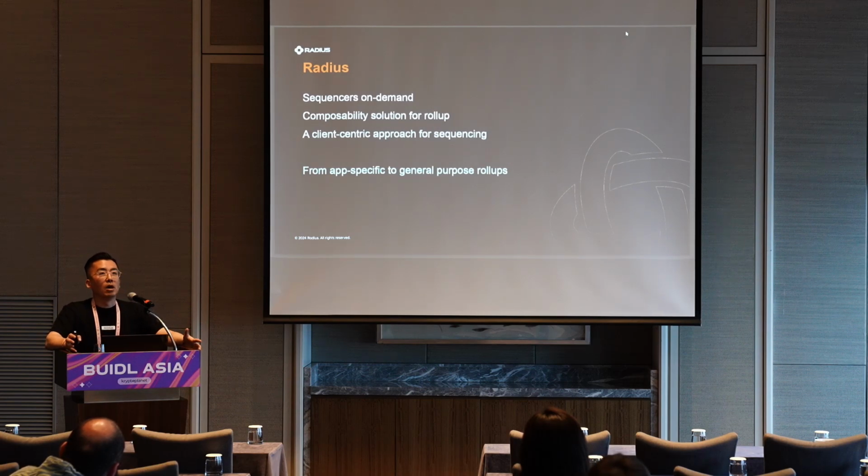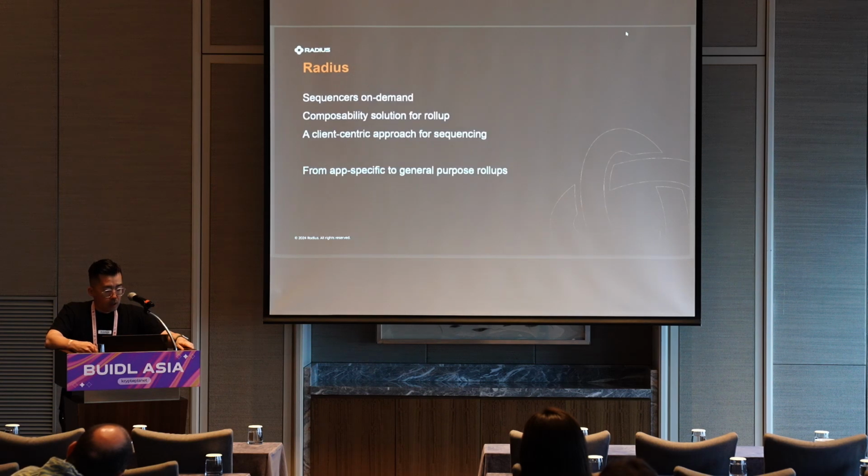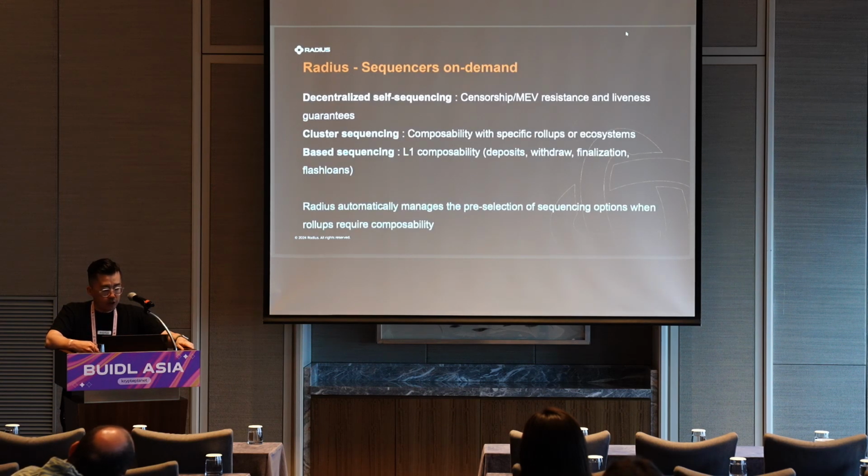We'd like to help them deploy their own rollups in an easy way, and also make sure they run their sequencers in economically sustainable ways. Our solution is layer agnostic, so we can support app-specific rollups and also general purpose rollups, such as the existing layer 2s. I will explain the details of each topic.